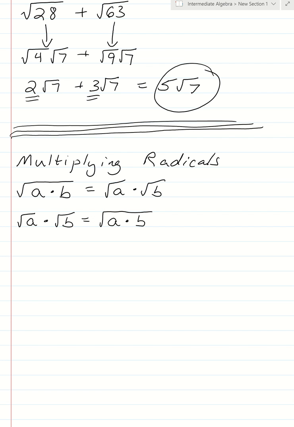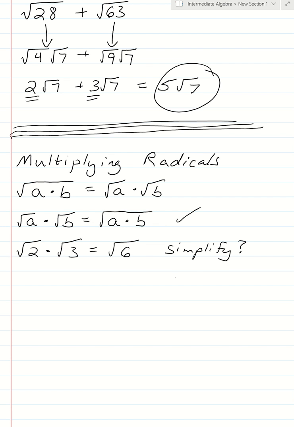So here we're going to take a look at how we can multiply radicals. For example, if I had the square root of 2 times the square root of 3, that equals the square root of 6. And you always have to ask yourself, can I simplify this radical?